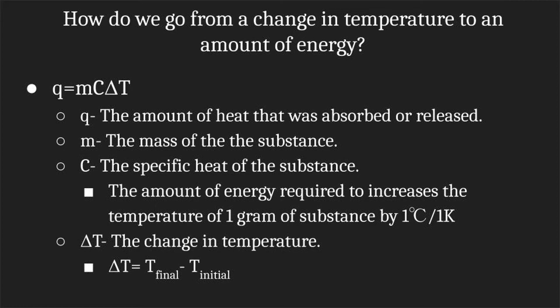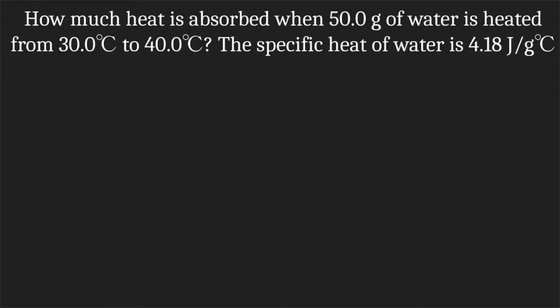Let's try some practice with this equation. For our first example, we are asked how much heat is absorbed when 50 grams of water is heated from 30 degrees Celsius to 40 degrees Celsius, and we're also told that the specific heat of water is 4.18 joules per gram degree Celsius. So, we're going to start by writing our formula, Q equals mc delta T, and writing our givens.